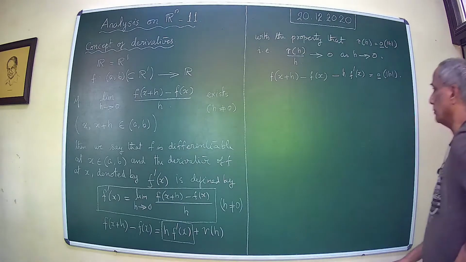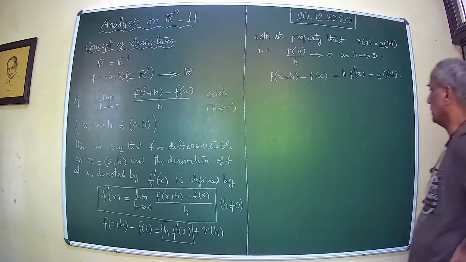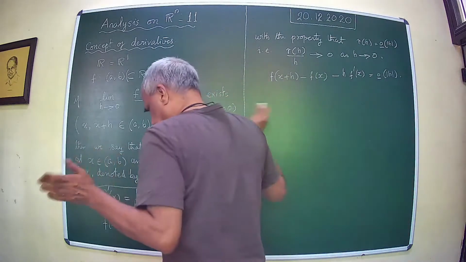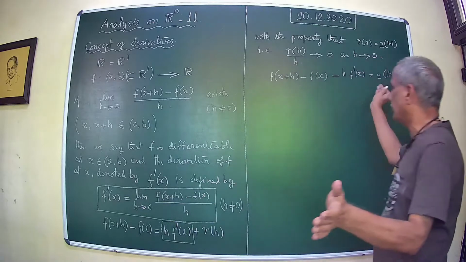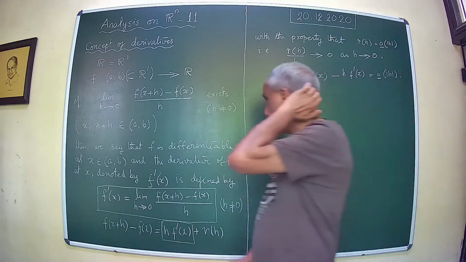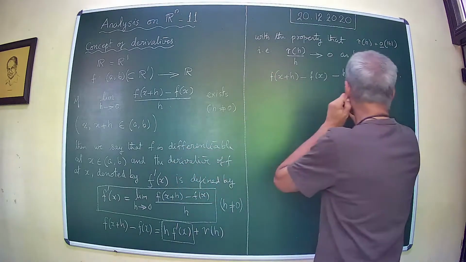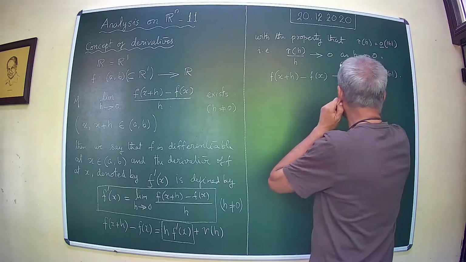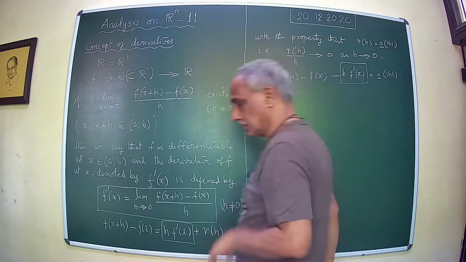That is the error term that you have. Now, one of the comfortable things that you have here is that there is no division by h. What exactly is this? This is the one that we have to look at, and this is where the derivative comes.